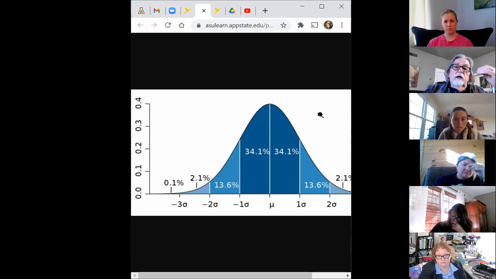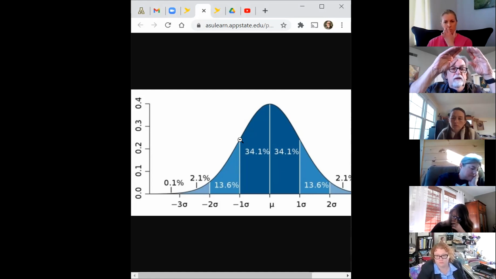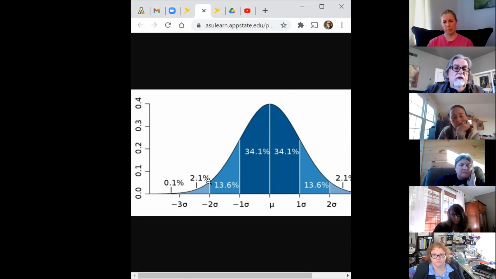If you're interested in the geometry of this curve, each one of these standard deviation breaking points is where the arc of the curve changes. So at 1 and -1, what has been a curve on the inside now becomes a concave curve on the outside, ever so slightly. And it becomes more concave at 2 standard deviation units and even more concave at 3 standard deviation units.